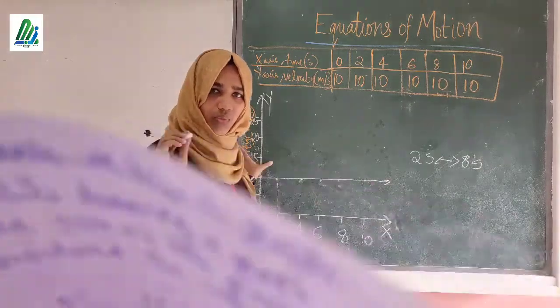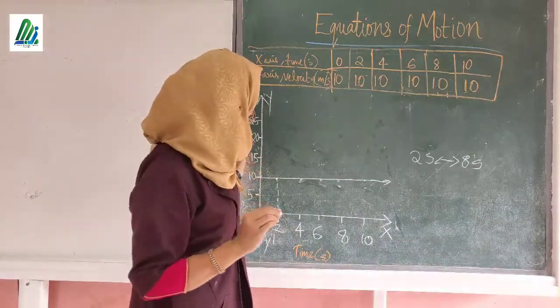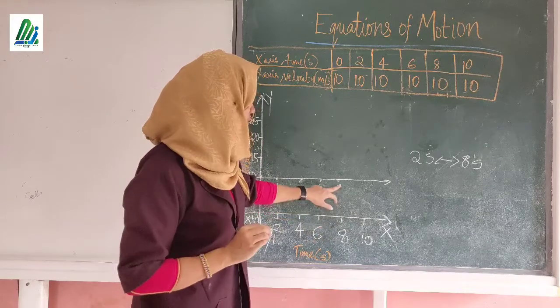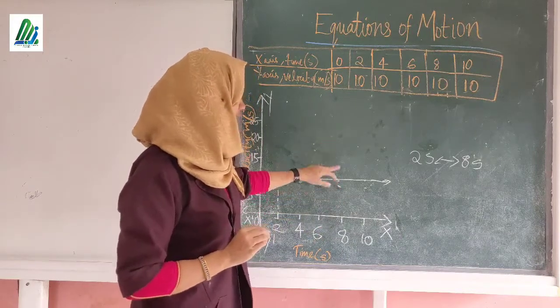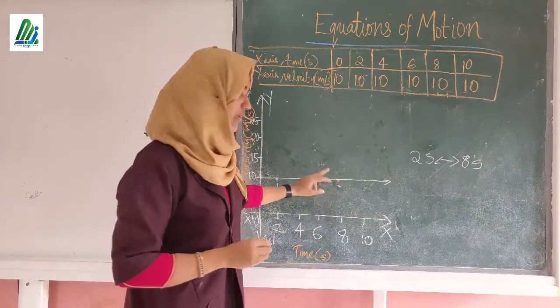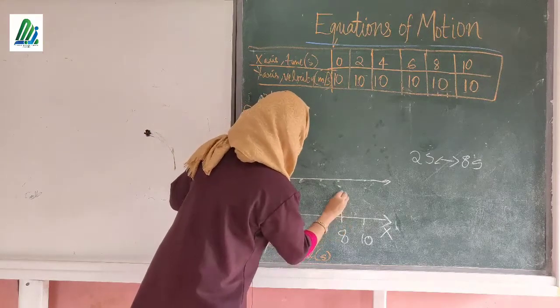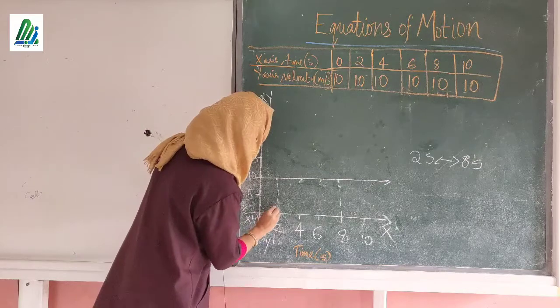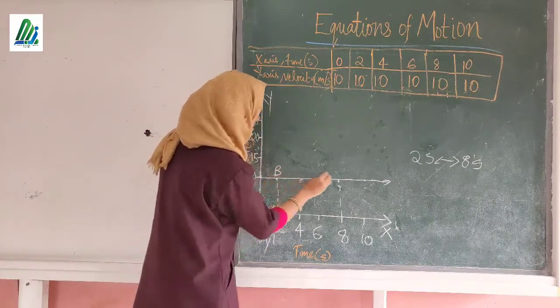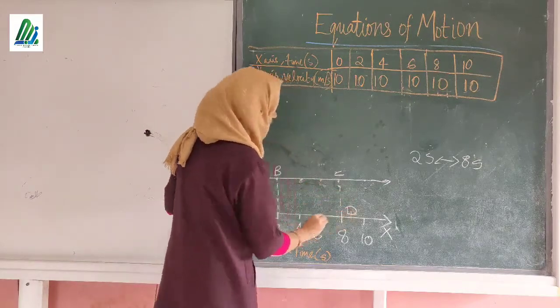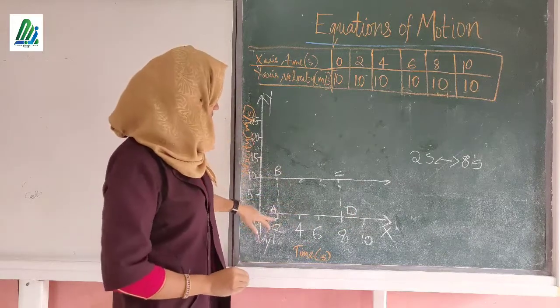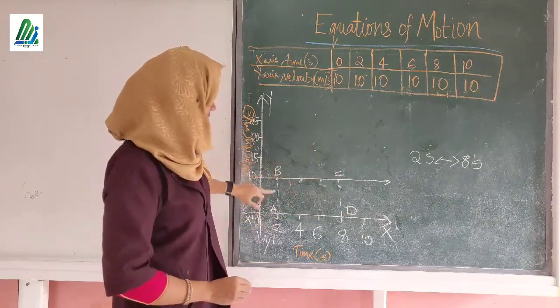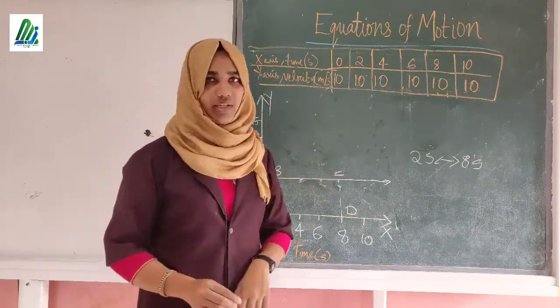And also we can draw a perpendicular from 8 seconds to this straight line. I mark these lines as A, B, C and D.